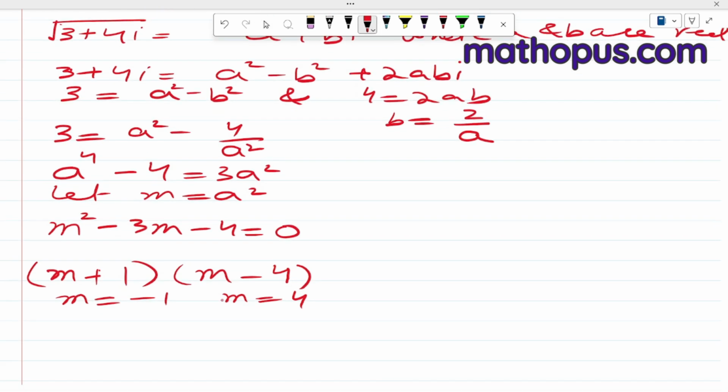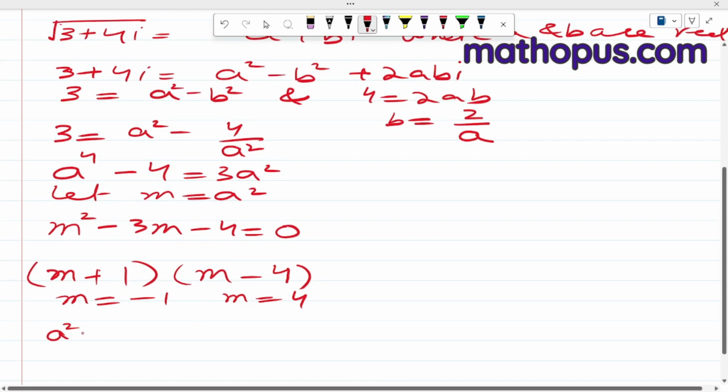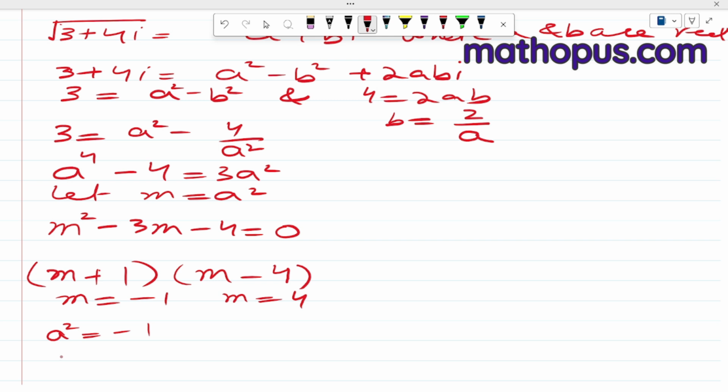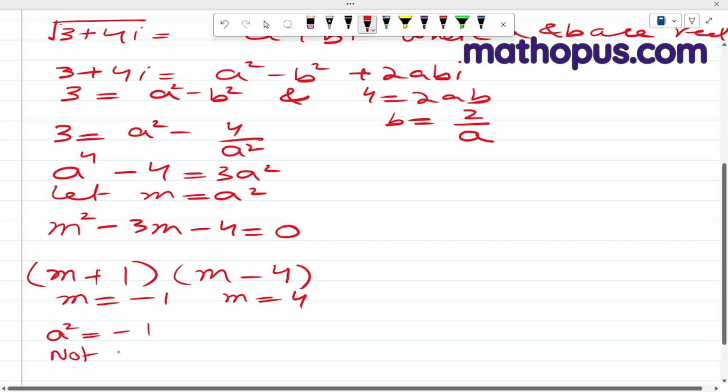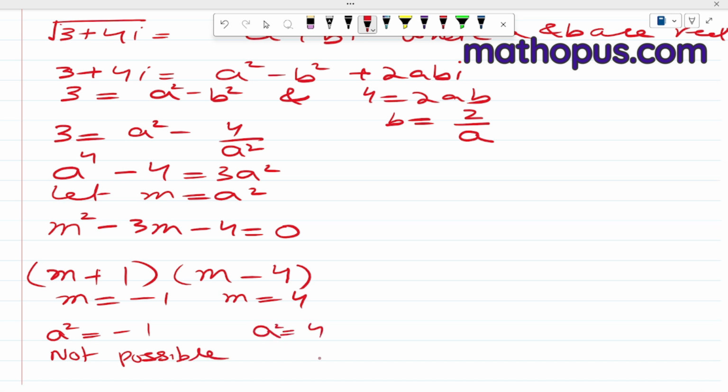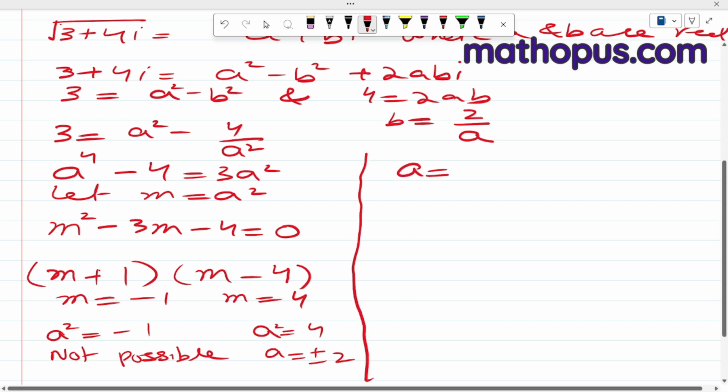What is m? m is a square, so a square equals minus 1. So here a would be imaginary, but as we know a is real, this is not possible, no solution, or inadmissible you can say. And from here we have a square equals 4, so a equals plus and minus 2. As we have plus and minus 2, we can find the corresponding values of b. When a is 2, then b is 1.